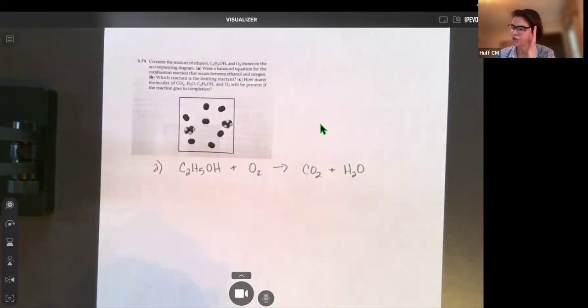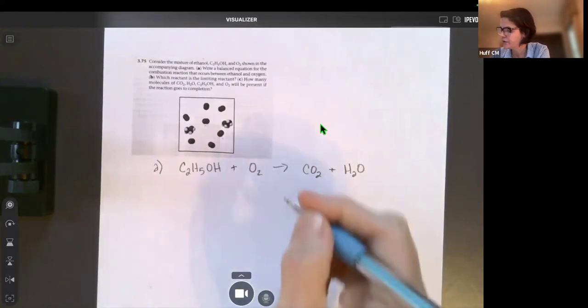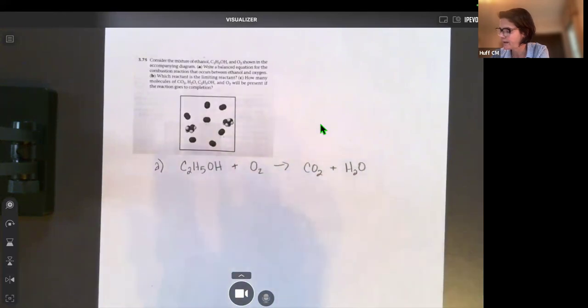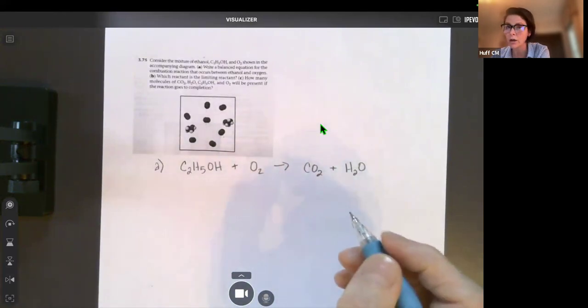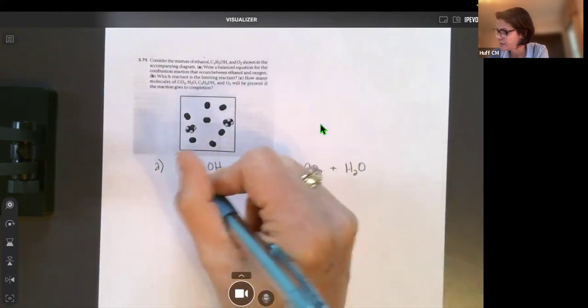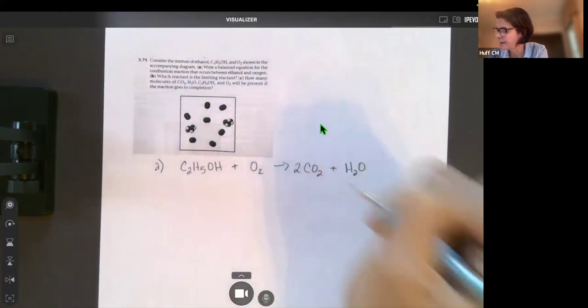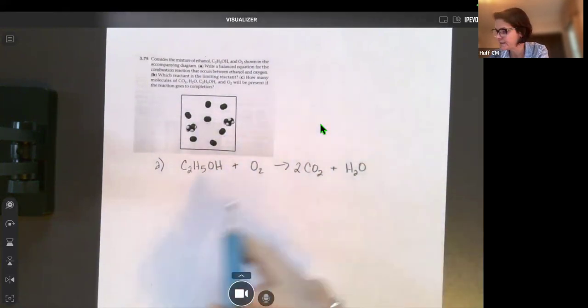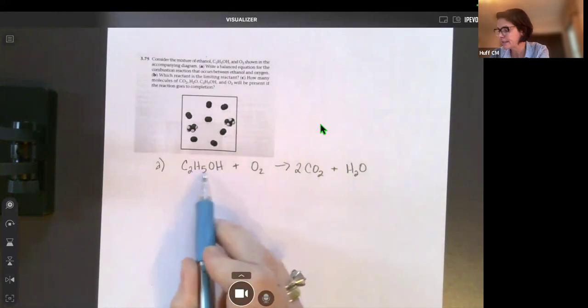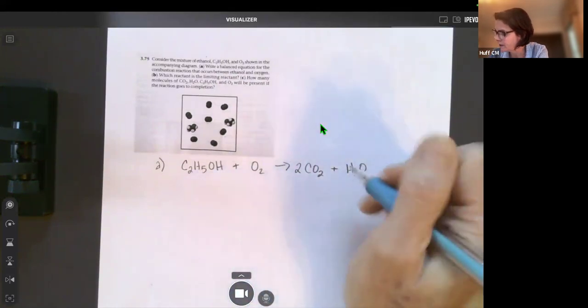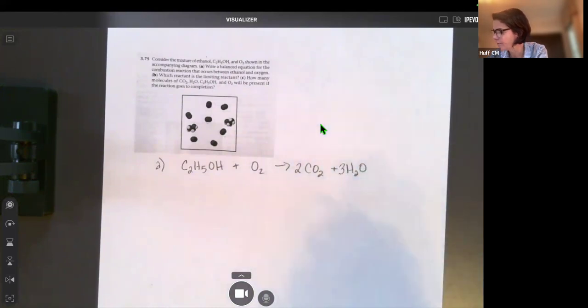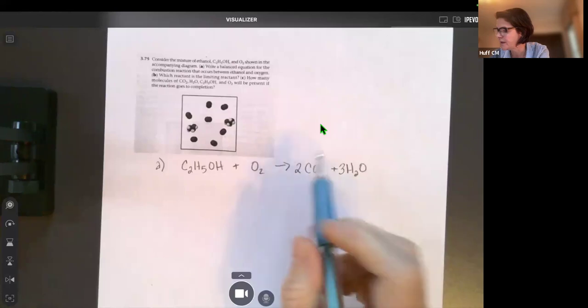All right, these can be some of the most challenging problems to balance, combustion reactions. The way I start is I balance carbons first. So put two right here, then hydrogens. I've got six, two over here. I'll balance that with a three. And then I'll balance oxygens.